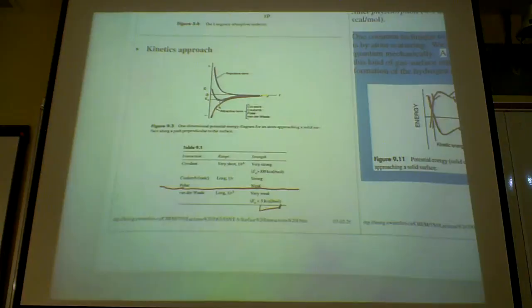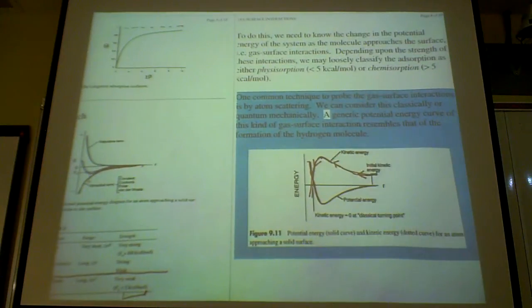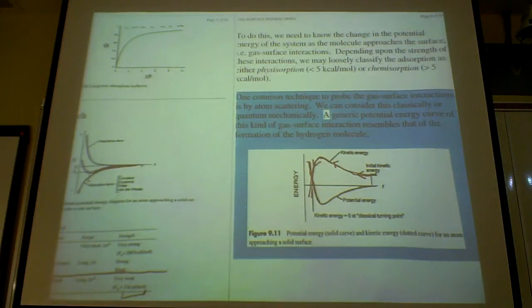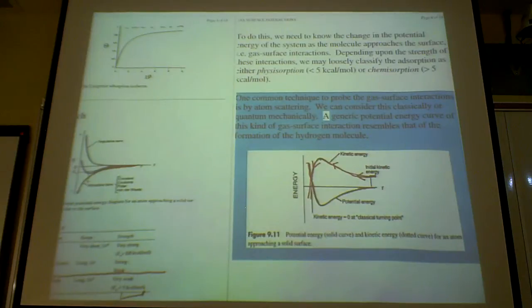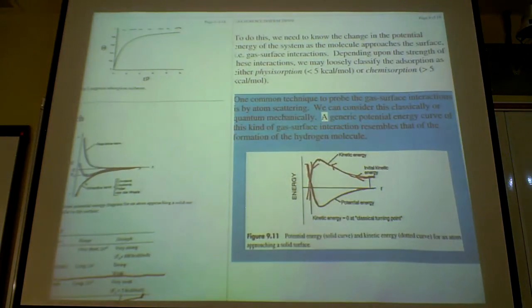So the dividing point between physical absorption and chemical absorption is of the order of 5 kcal per mole, and we use a non-SI unit. It's about 1.5 kilojoules per mole. You want to use SI units, but in the old days, people liked to think of the historic units, which is calorie, so 5 kcal per mole.